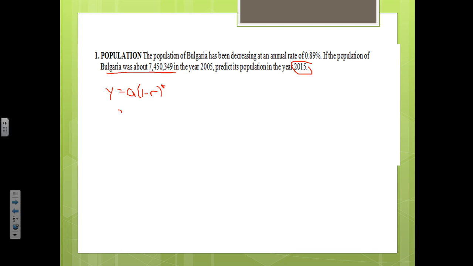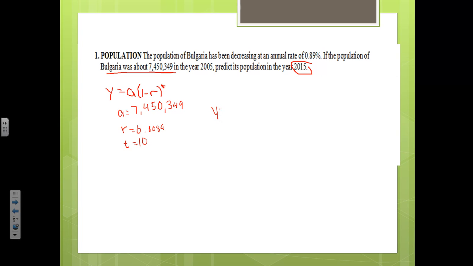Well, our a will be our initial, so our starting population. Our r would be our 0.89% in a decimal, so 0.0089. And our t would be 10, because from 2005 to 2015, that's 10 years.